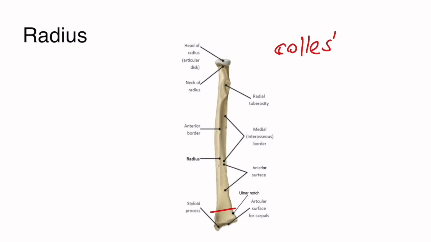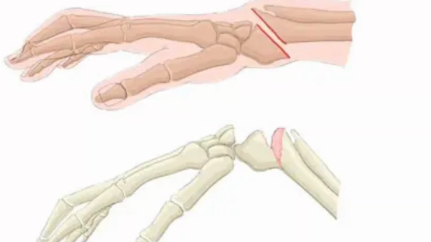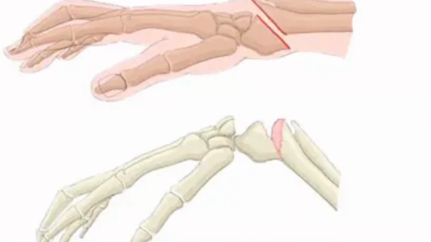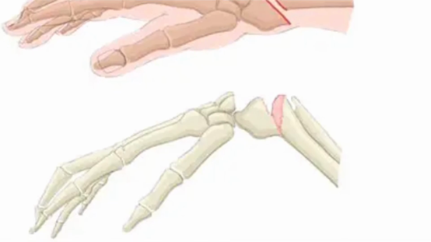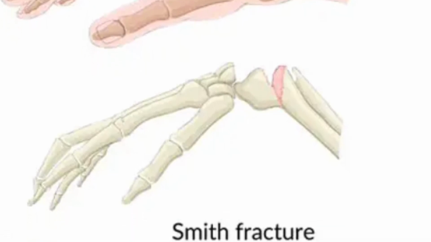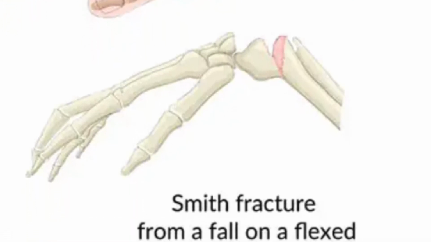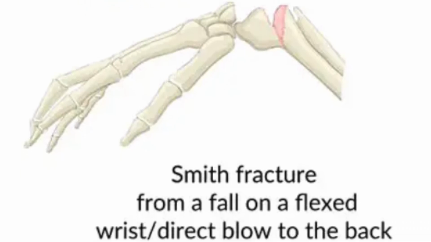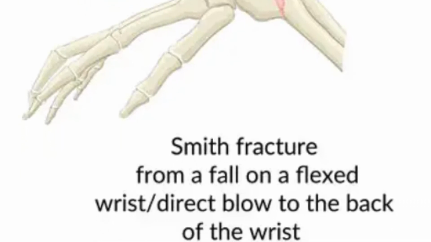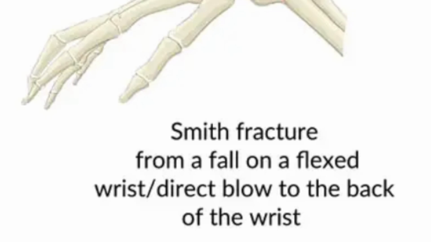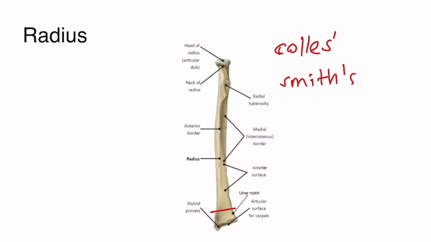It leads to a characteristic dorsal displacement of the wrist, forming a dinner fork deformity. And next, Smith's fracture. It's a fracture of the distal radius due to falling on flexed wrist. It results in volar displacement of the wrist.